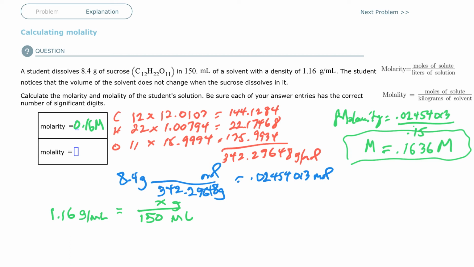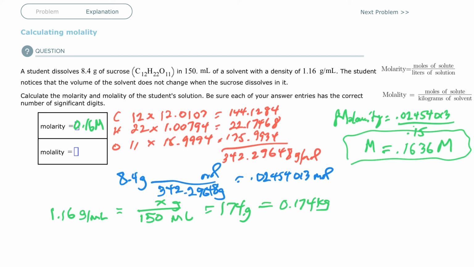And when I have 150 times 1.16, I'm going to have 174 grams. Well, how many kilograms is that? I have to divide by 1,000. And so that's going to equal 0.174 kilograms of solvent.